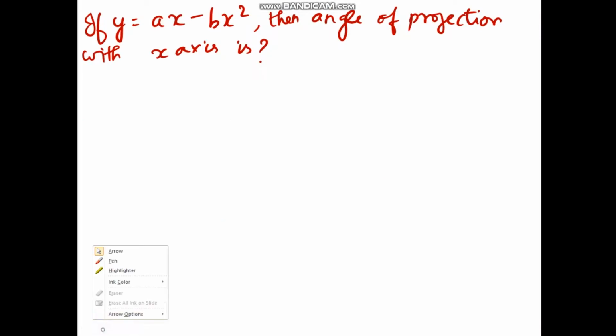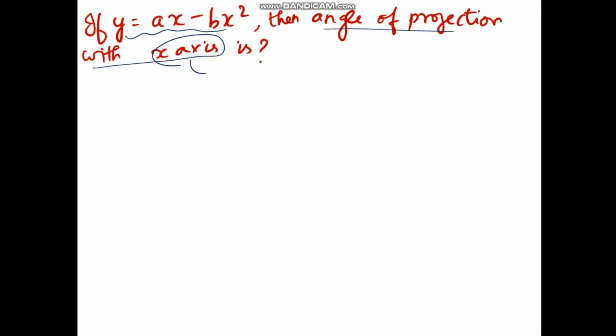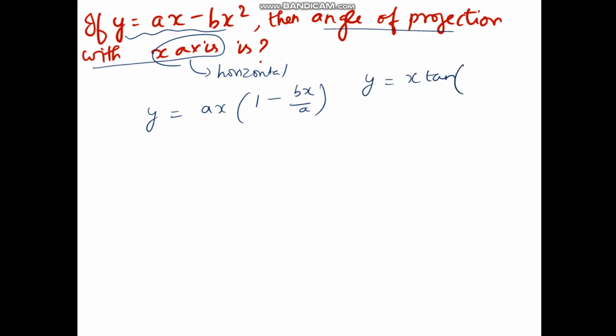This is the last numerical we are going to see. If they have given an equation like this, they are asking what is the angle of projection with the x-axis, that is, along the horizontal. y is equal to ax minus bx square, I am taking ax as common, then 1 minus bx by a. This I am comparing with the equation y is equal to x tan theta into 1 minus x by r.